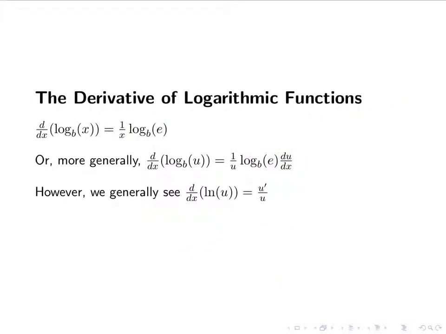And the derivative is just u prime over u. So 1 over u times u prime is the same thing as u prime over u. So it's the derivative of the inside function divided by the function itself. So this is the one we're going to typically see more so than any other log base. But we will see different bases come up every now and then, so we'll see a couple of them.